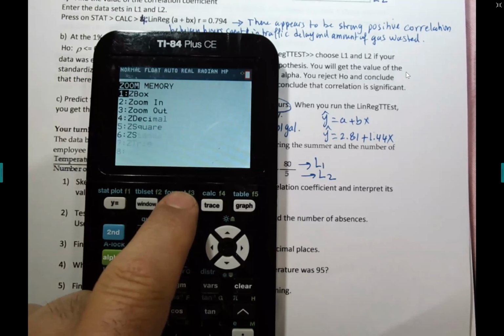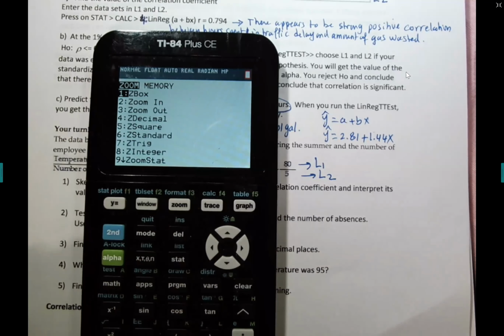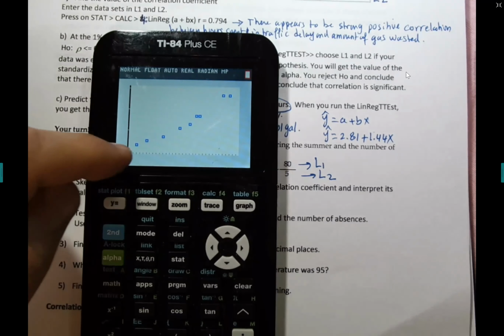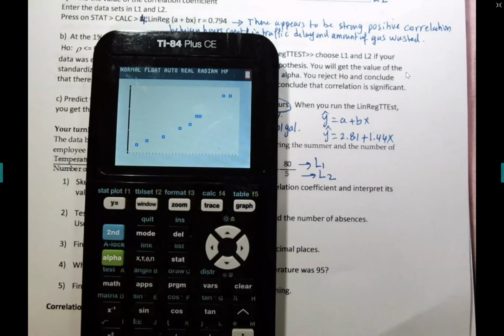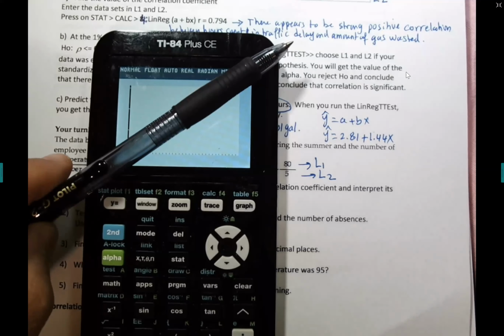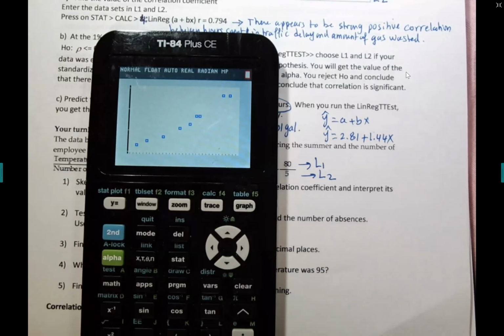So just go to Zoom and then number 9. Does it seem like, guys, that the higher the temperature, the more absences there are? Yeah, it seems like there is a connection. You can see the line. This is the line of best fit, it will be something like that. All right, so that's a sketch.